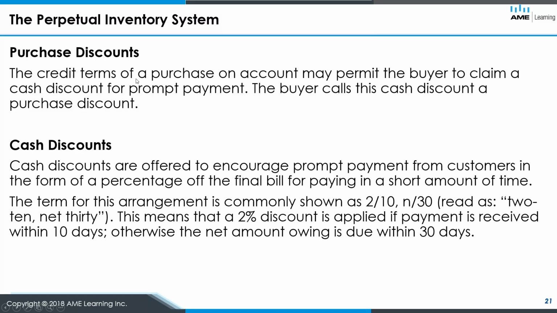Okay. We also have some concepts here to learn about. The first being purchase discounts, and one of those being a cash discount. And the idea here is that the vendors, say they're selling us products, want to get paid sooner, right?